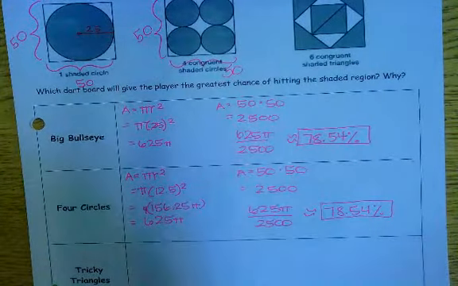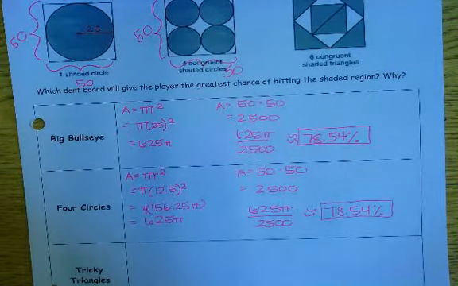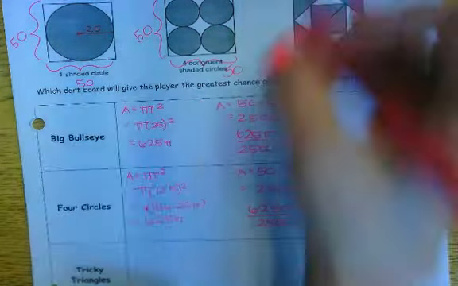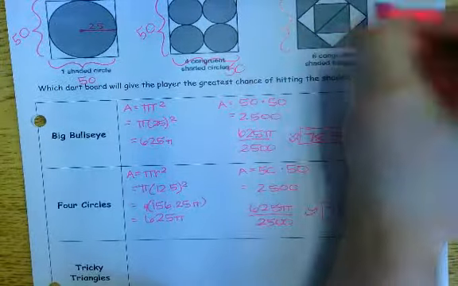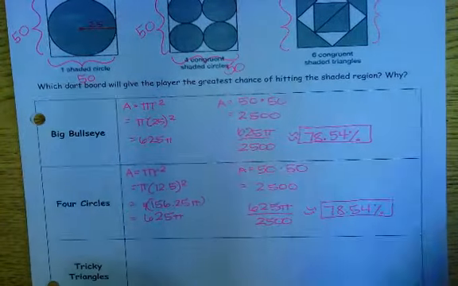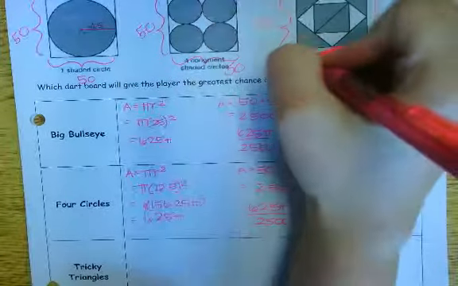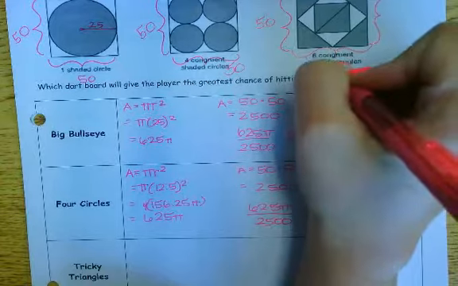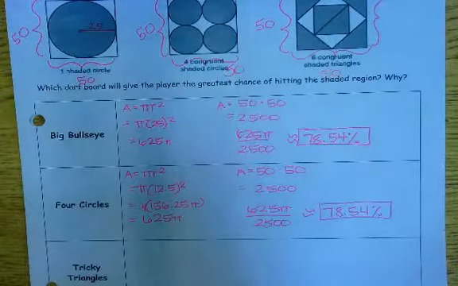Okay, let's look at the last one, tricky triangles. You know that both sides are 50, and you know that there's 6 congruent shaded triangles. So they gave you a hint. What is the base and the height of each triangle? 25.